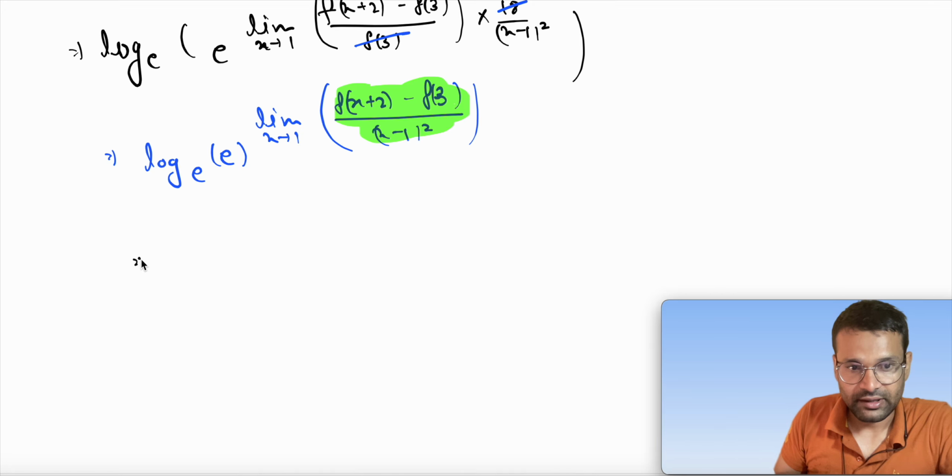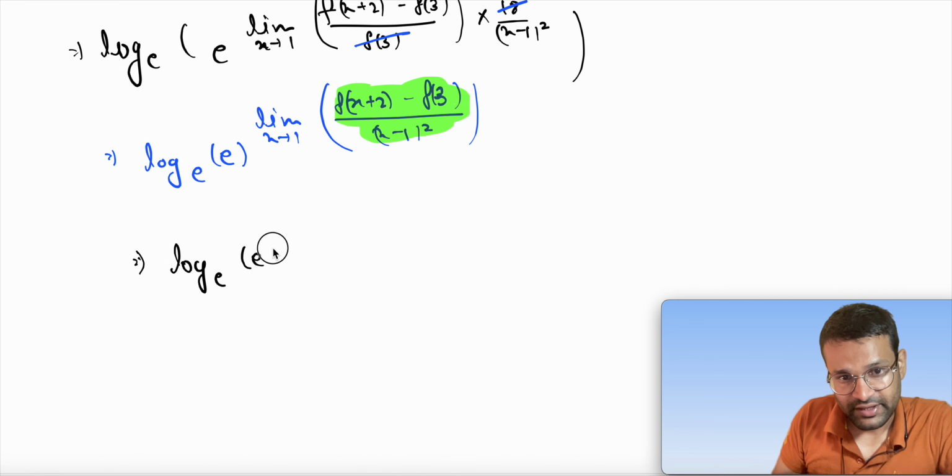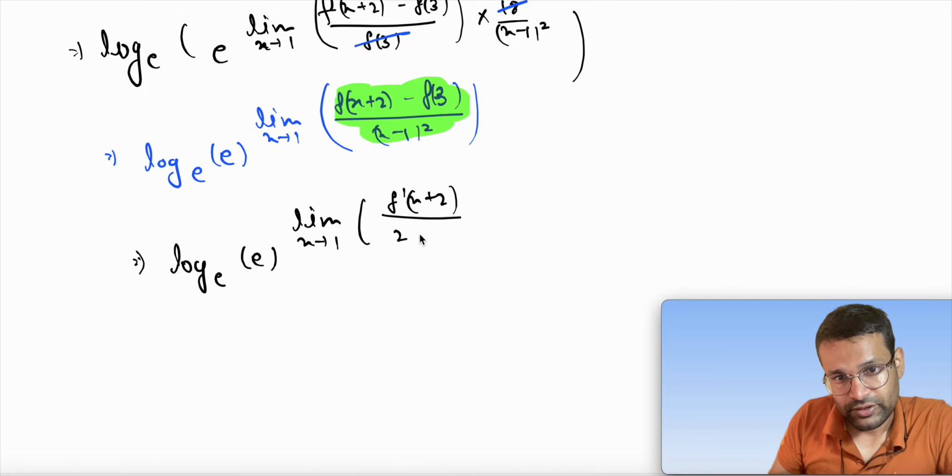So log base e, applying L'Hospital rule, we get f dash x plus 2 by 2 into (x minus 1).